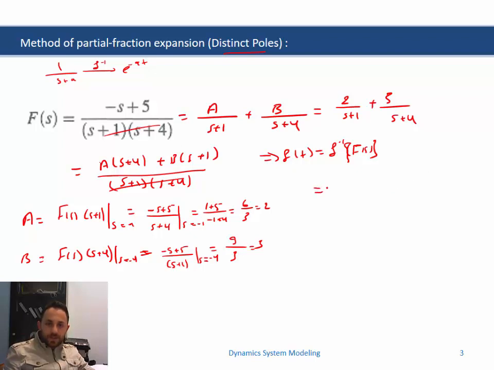So f of t, the inverse of this, it is 2 e to the power minus t plus 3 e to the power minus 4t. So that's how we obtain the time domain from the s domain.